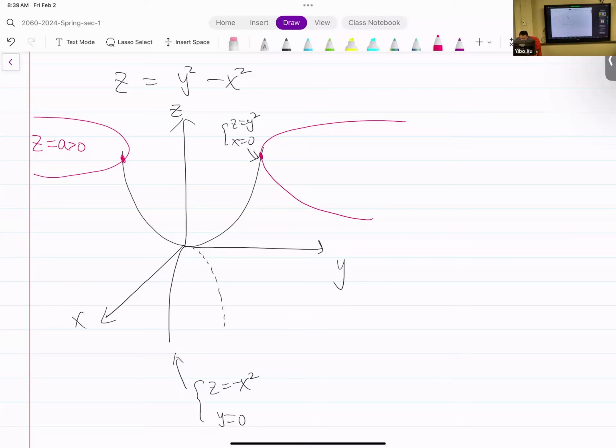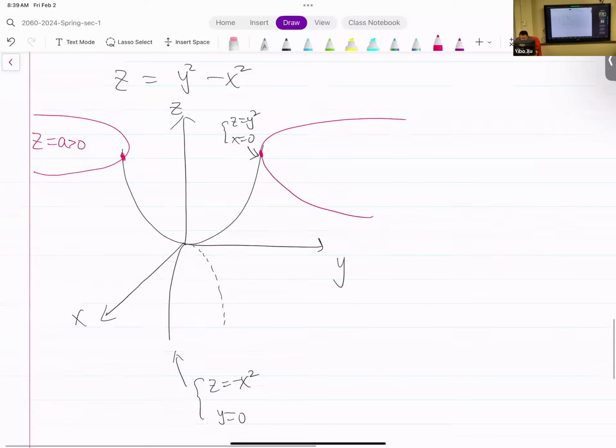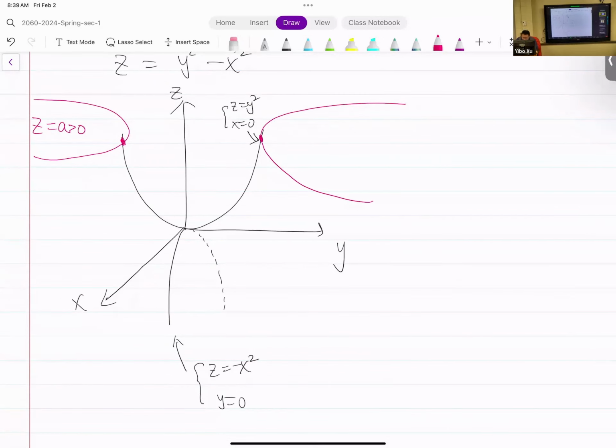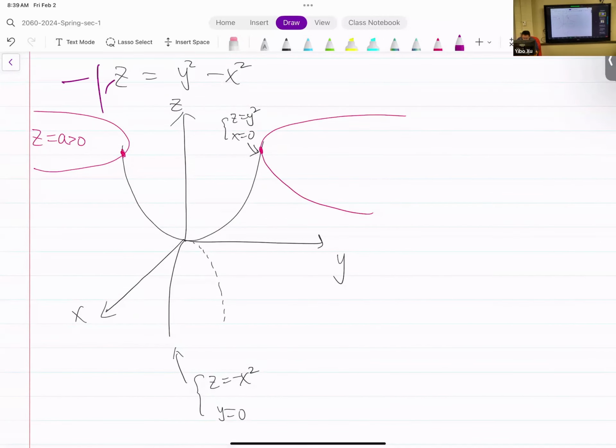Now, what happens if you make Z negative? If you make Z negative, let's say -10, then you can flip the sign on both sides, so this is 10 equals X squared minus Y squared. It tells you that's a hyperbola opening along the X direction, which is exactly opposite to the hyperbola that we have established right here.